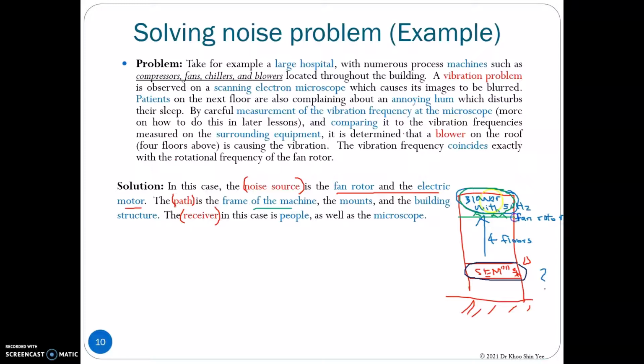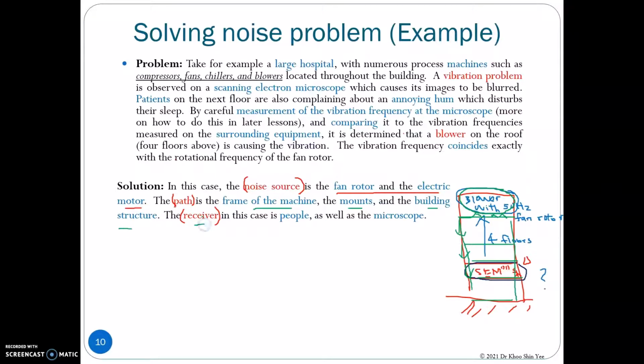From the vibration of this machine, it will transmit to the remaining building through the structure, such as the wall, floor, and also the ceiling. Therefore, this is the transmission path.